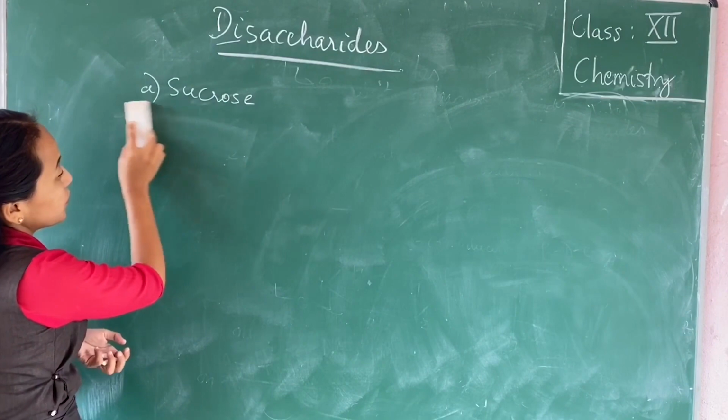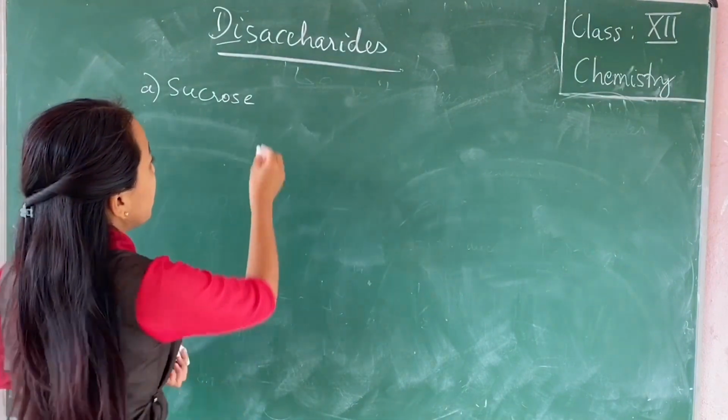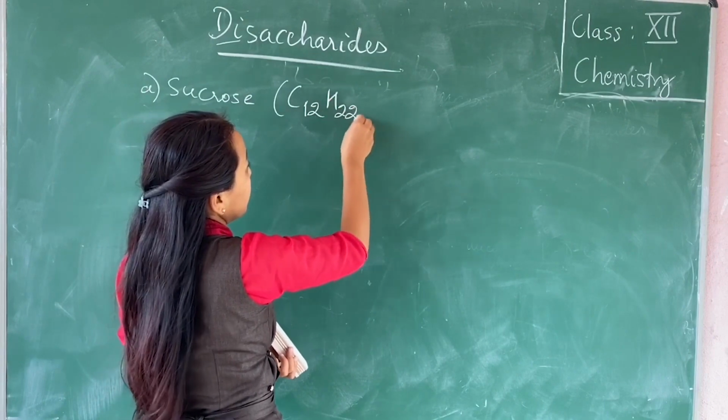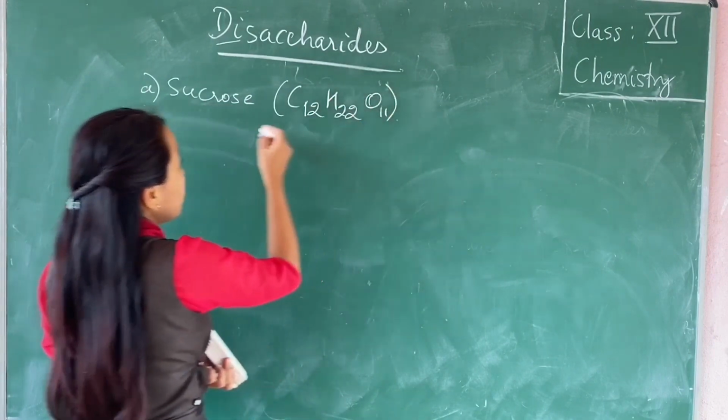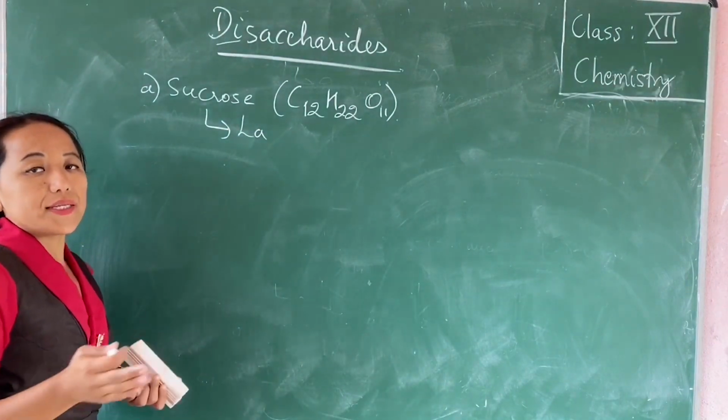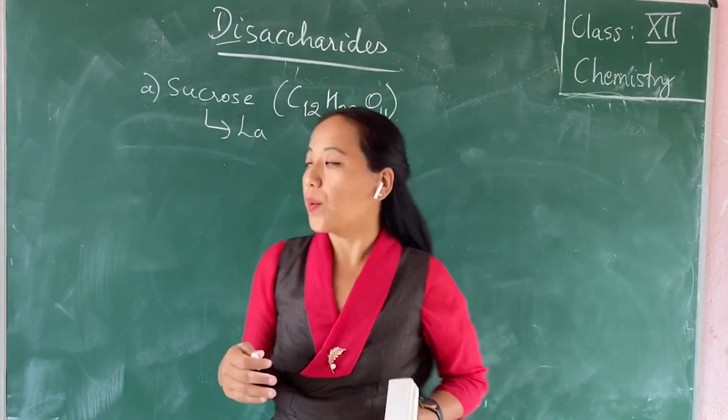Now under sucrose, we know that it has a molecular formula of C12H22O11, and sucrose is a levorotatory compound, which means it rotates the plane of polarized light towards the anti-clockwise direction.